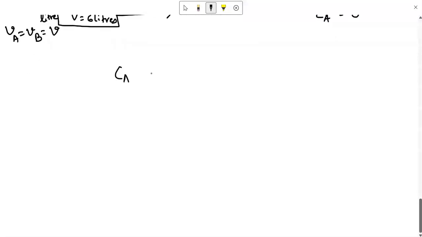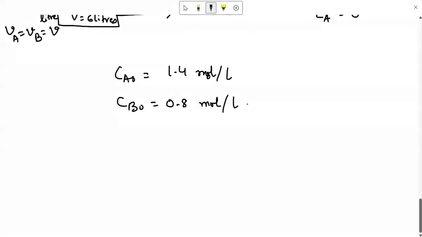We know Ca0 equals 1.4 moles per liter and Cb0 is 0.8 moles per liter. We do not have any product R in the input stream, so Cr0 equals 0. From the numbers, one thing we are clear about is that if B is over, then the reaction will not progress anymore.